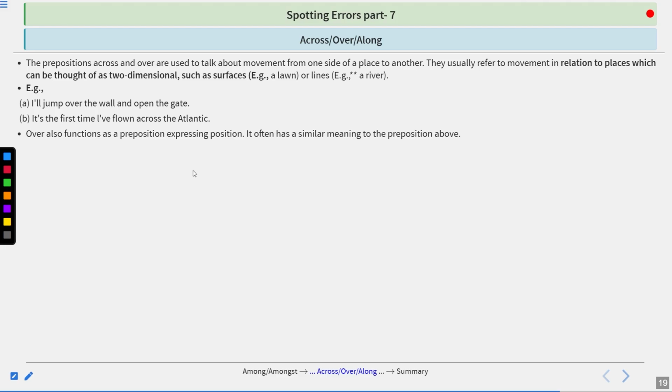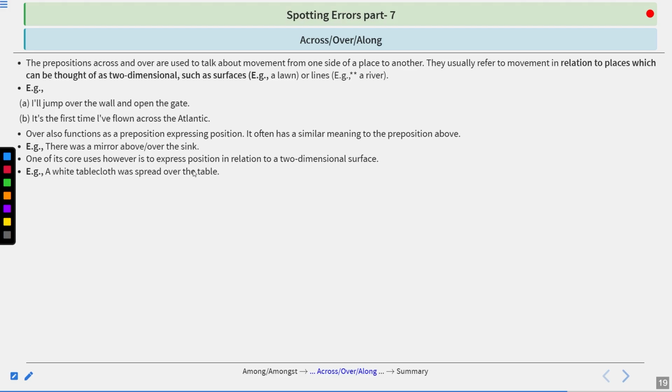Over also functions as a preposition expressing position. It often has a similar meaning to the preposition above. There was a mirror above the sink. So here we have used above, and over would also be correct. One of its core uses, however, is to express position in relation to a two-dimensional surface.